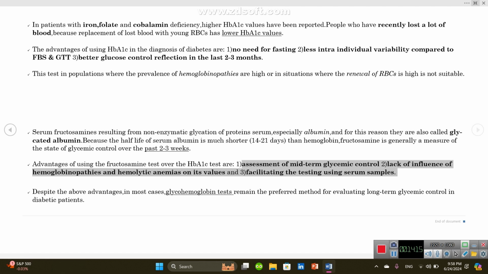Despite the above advantages, in most cases, glycohemoglobin tests remain the preferred method for evaluating long-term glycemic control in diabetic patients. Actually, there are very great advantages of fructosamine, but still nowadays we use HbA1c to evaluate the serum glucose in the past 2 to 3 months rather than fructosamine.